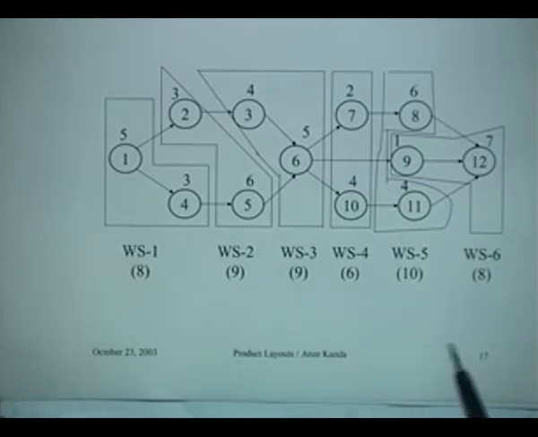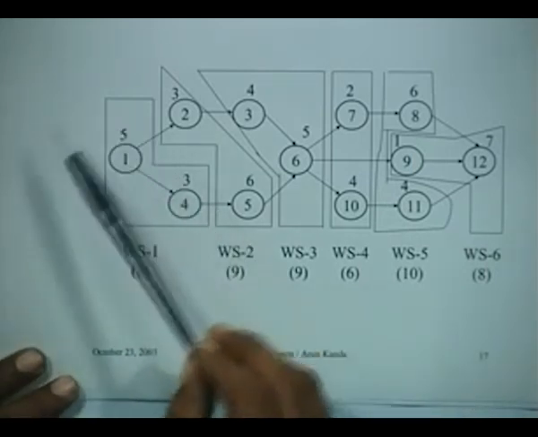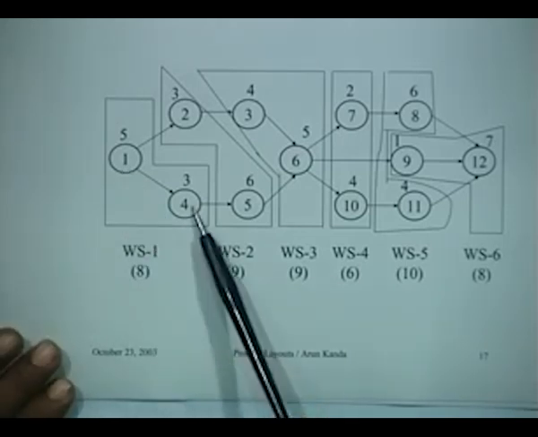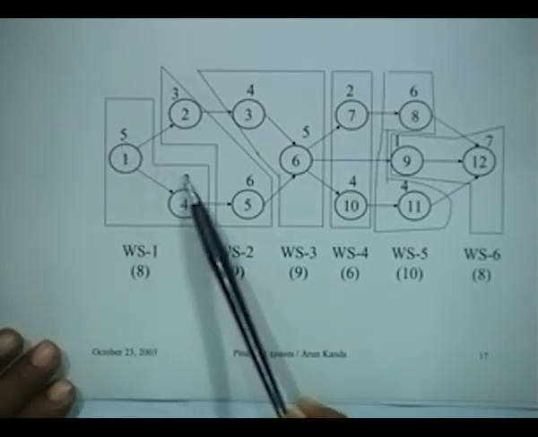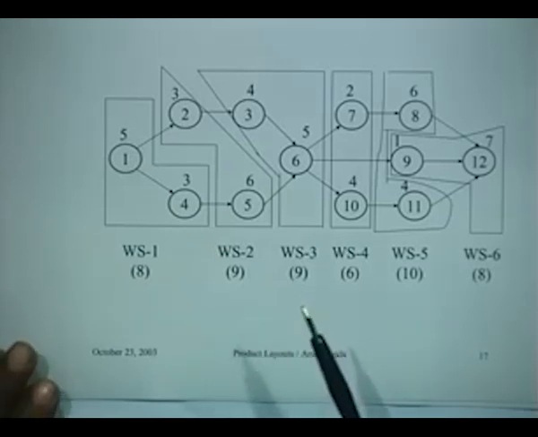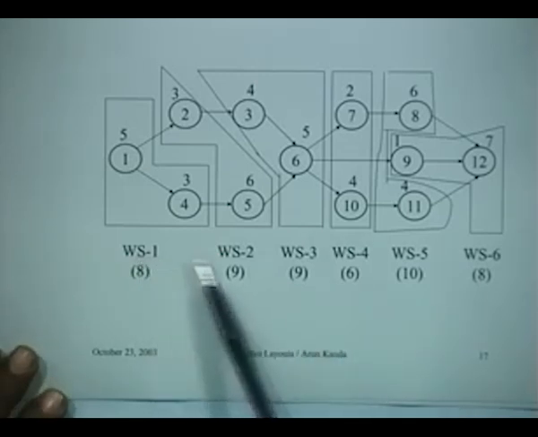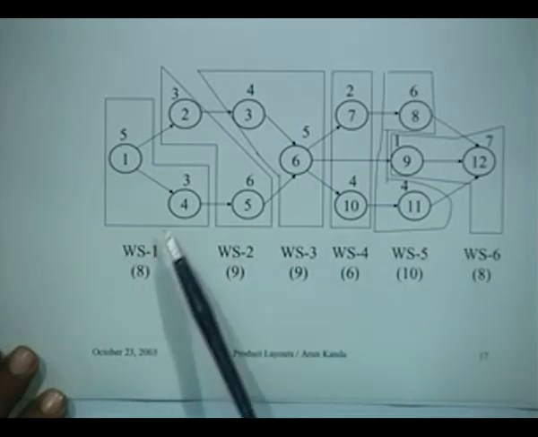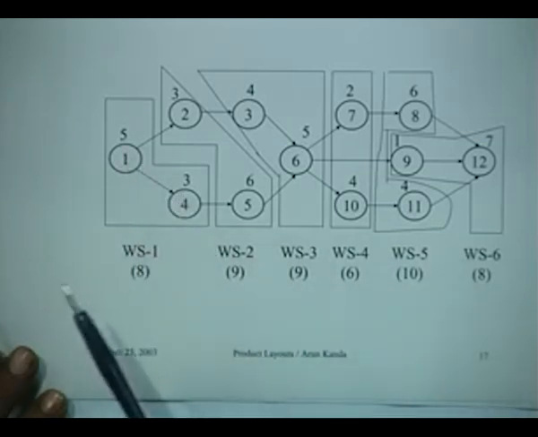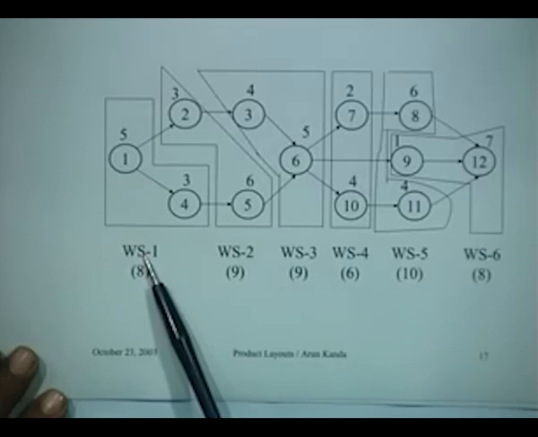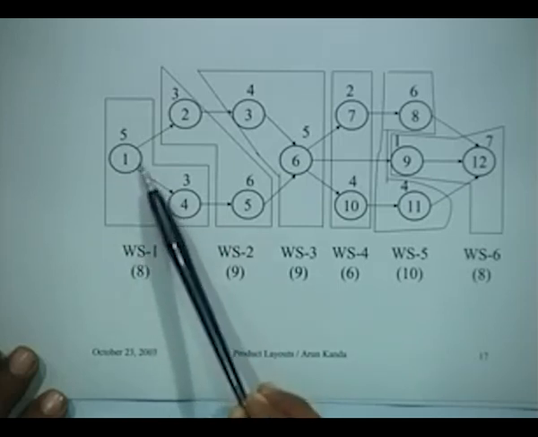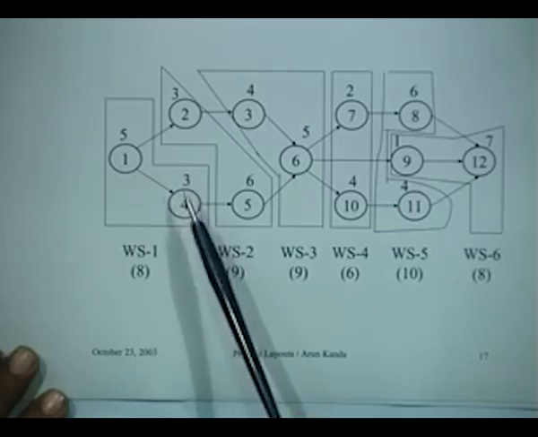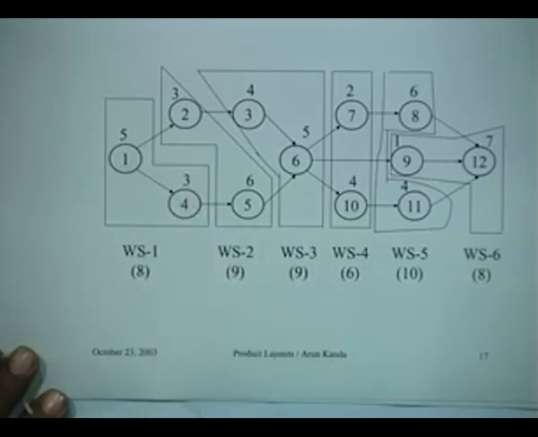So what I have been able to do is, by simply grouping parts, what is the objective in grouping? In the grouping, the sum of the times must not exceed 10. So I have 6 workstations. What is a workstation? I have exactly defined what is to be done at this workstation. That means the person at workstation 1 will first do operation 1 and take 5 minutes, and then do operation 4, which will take 3 minutes, thereby taking a total of 8 minutes.